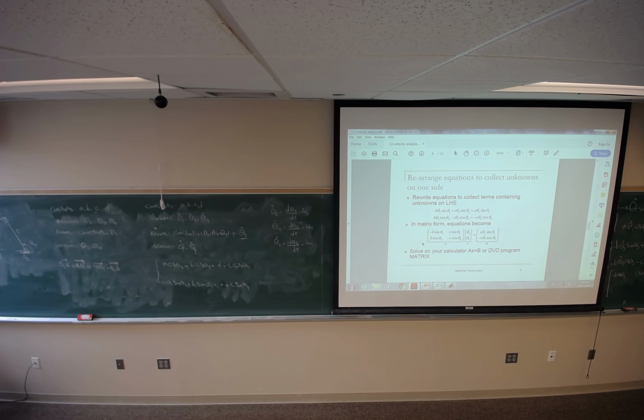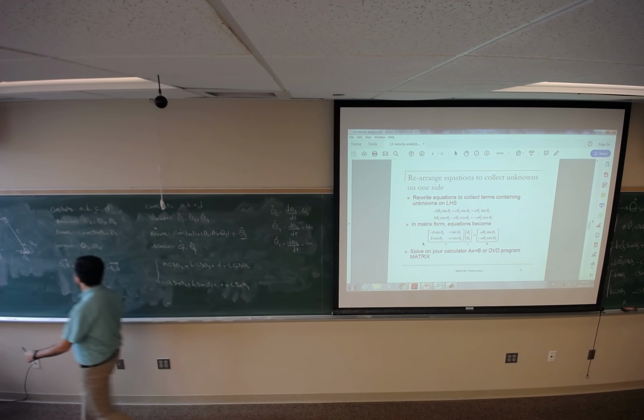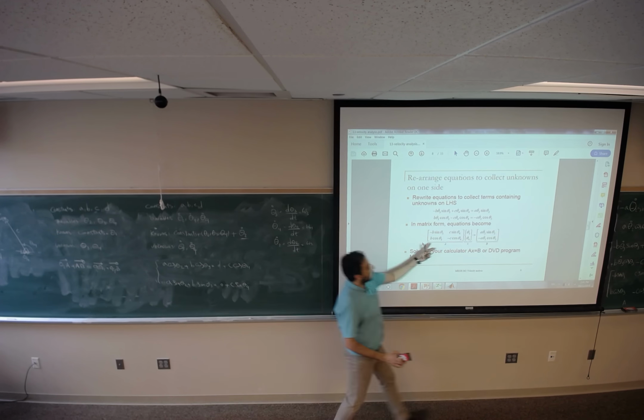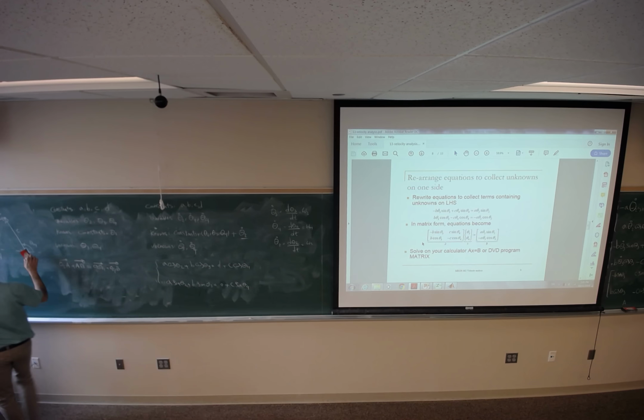Second equation, the coefficient of theta dot 3 is b cosine of theta 3, then negative c cosine of theta 4, and the right side is negative a theta dot 2 cosine of theta 2. In MATLAB or your calculator, you just enter matrix A and matrix C and solve for x. I will show you in MATLAB shortly.